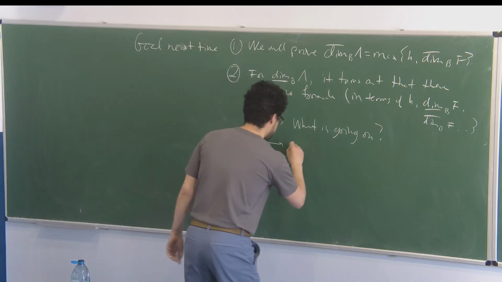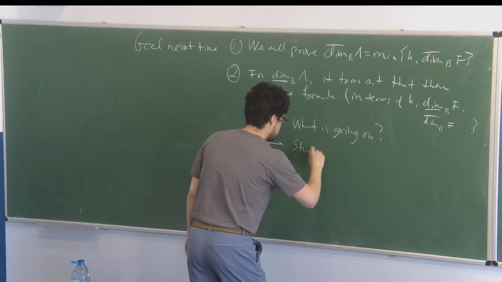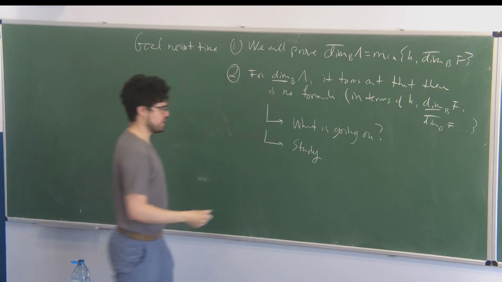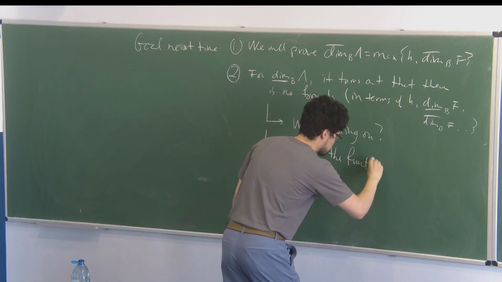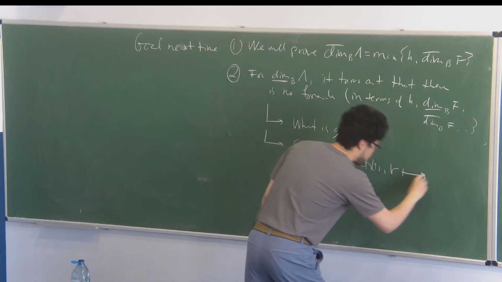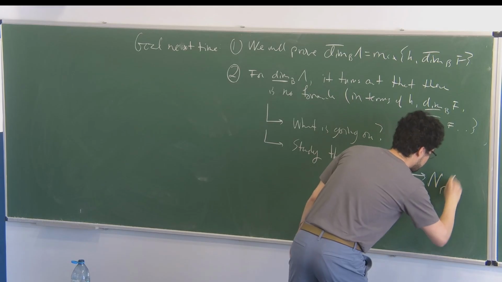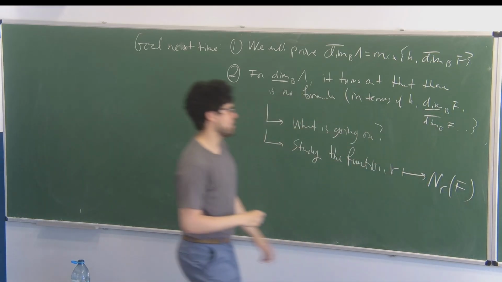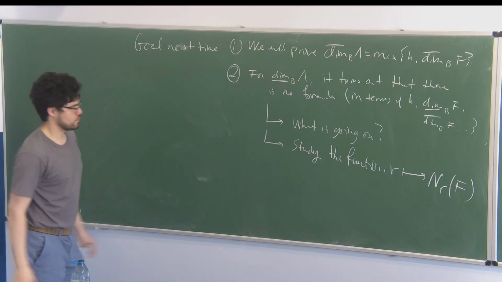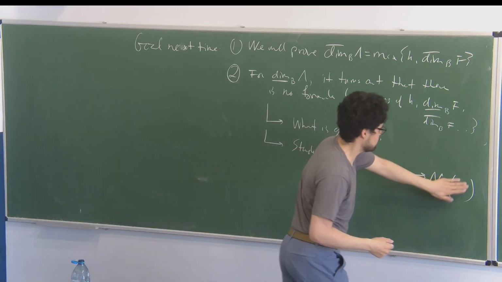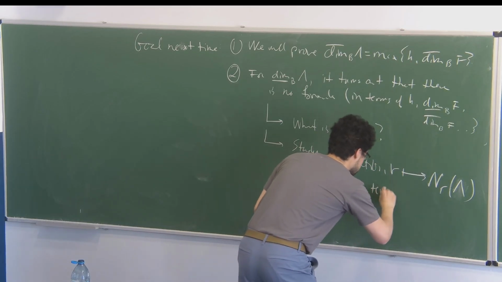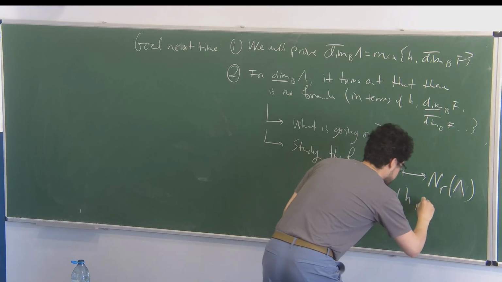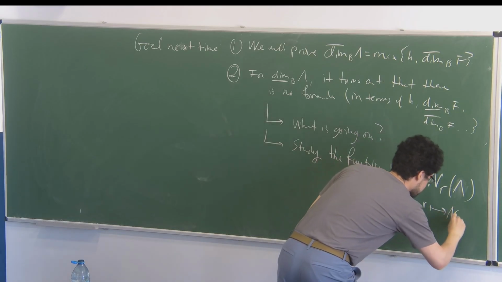So actually, we will study these covering asymptotics. We will study the function which takes r and maps it to the covering number of the set F at scale r, sorry, lambda, in terms of h and the function in terms of the set F.